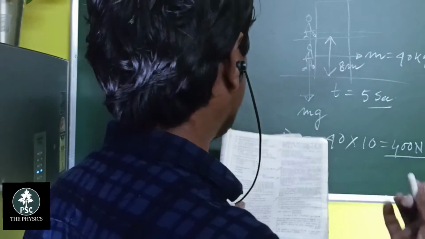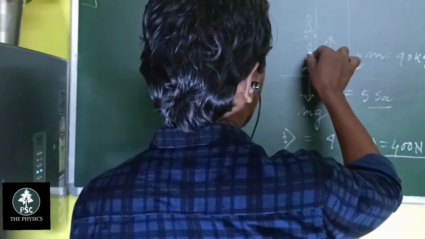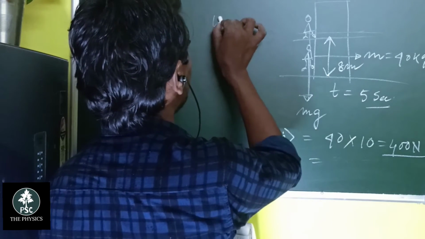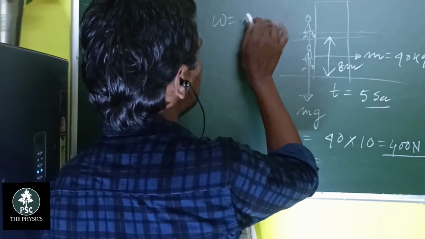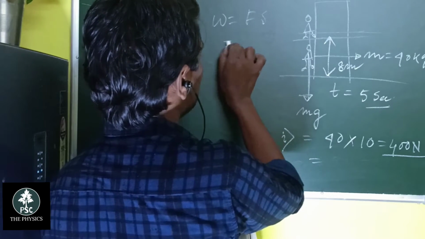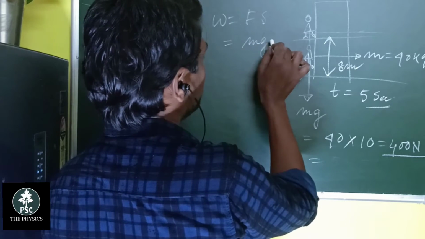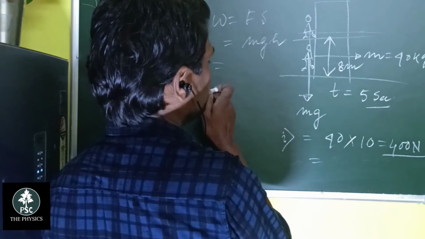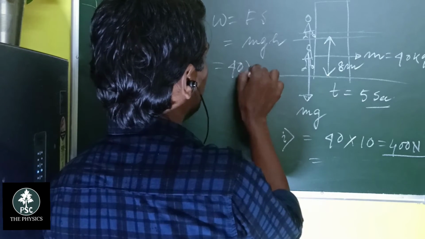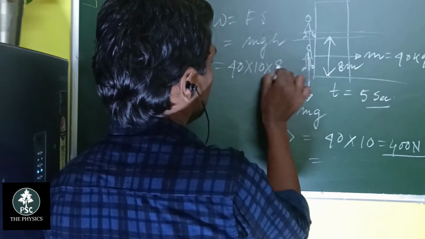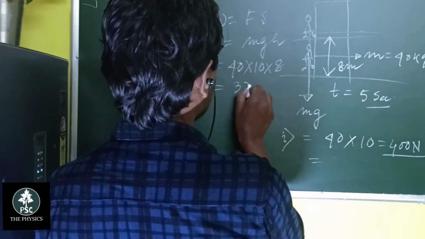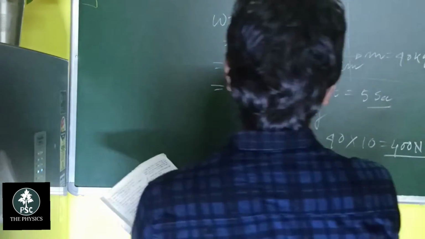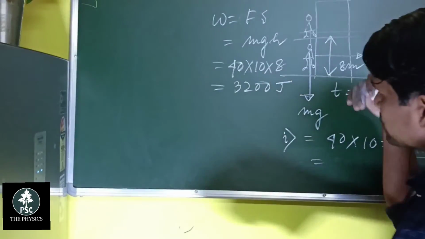The work done by him against gravity: against gravity, the work done is equal to force into displacement. So force equals mg, and the displacement, suppose it is h. So mgh, that is 40 into g into 8. So this is 3200 joule of work done against gravity.